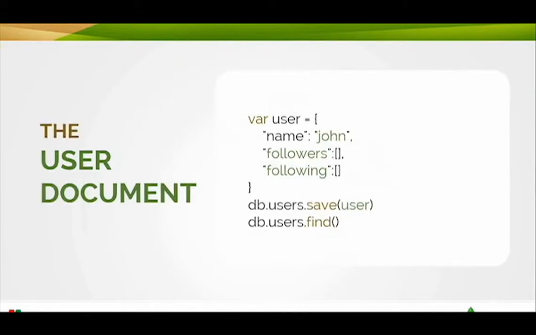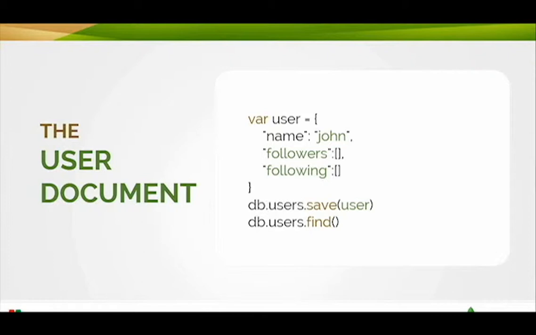So how would we structure a user document? We need at least this information. We need to know the name of the user or the handle of the user. This is a bare minimum implementation, so we need that. We also need to know who his followers are, and who he is following. You can just keep the example of Twitter in mind here.